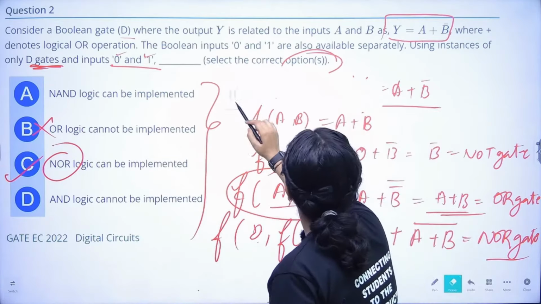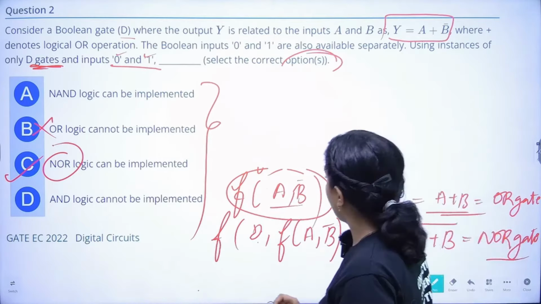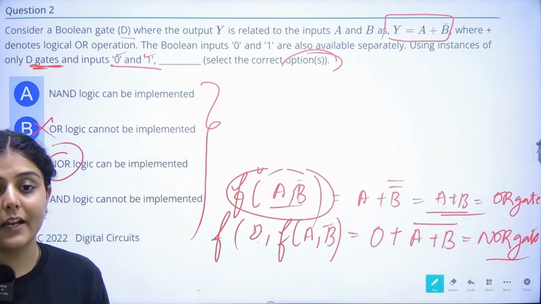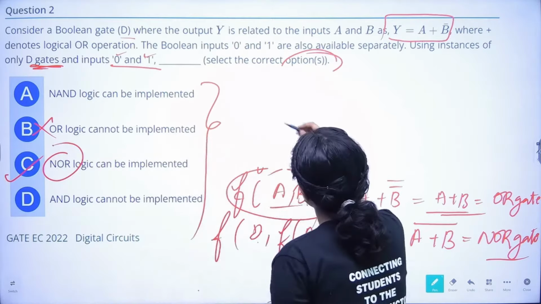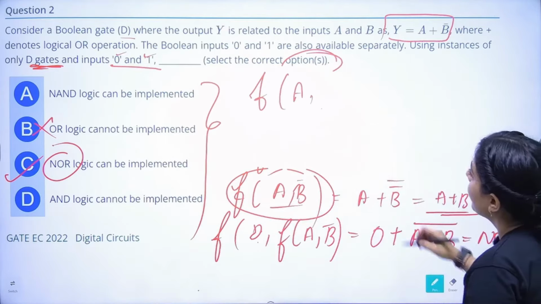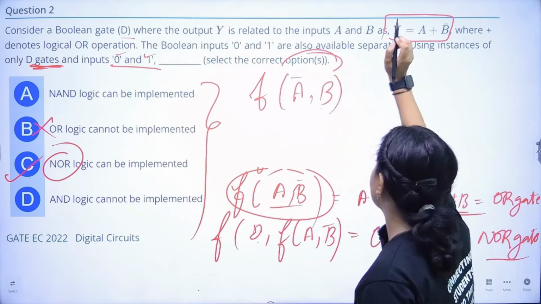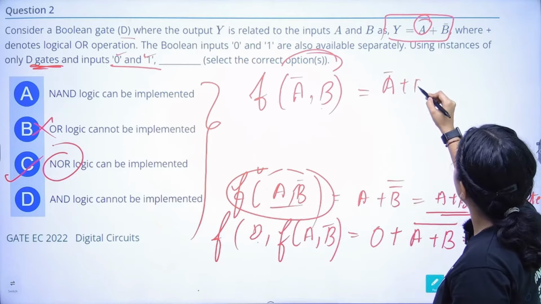Now, what other gate do we have to implement? Now we have to implement the AND gate also. How can we implement the AND gate? We can also see that f of a, b, if I take a bar, because this will give me a bar plus b bar.